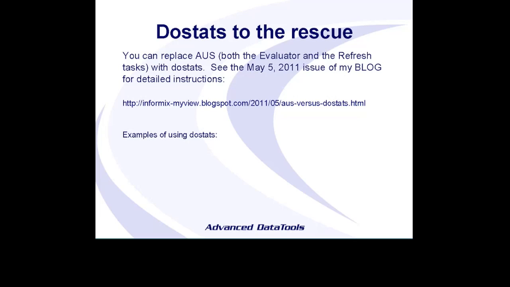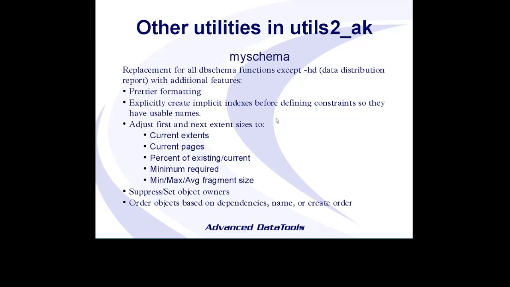Okay, so let's talk about some of the other utilities in the utils 2 AK package. The first one in there is myschema, which is my replacement for dbschema. It implements every function that dbschema does with the exception of -hd to display your data distributions.